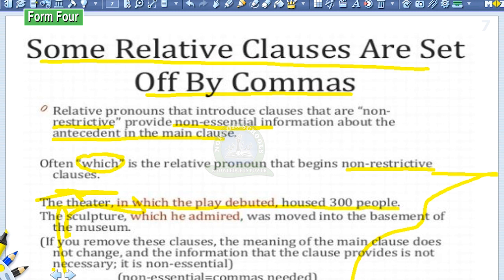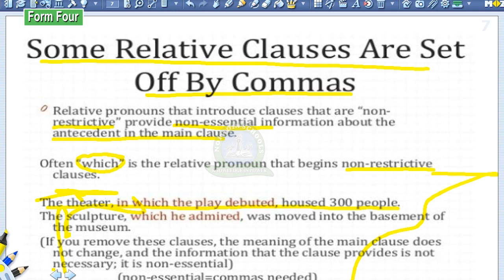We cannot use that there. You have two commas, this one and this one. They separate the two clauses, main clause and dependent clause. So in which the play debuted, since you have two commas, we're going to use which, because which is the relative pronoun that always begins a non-restrictive clause.